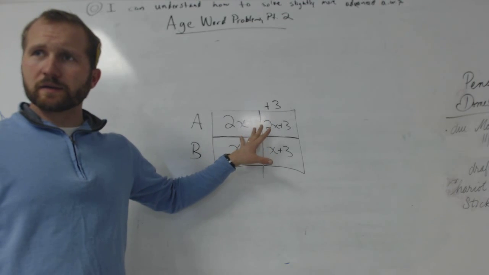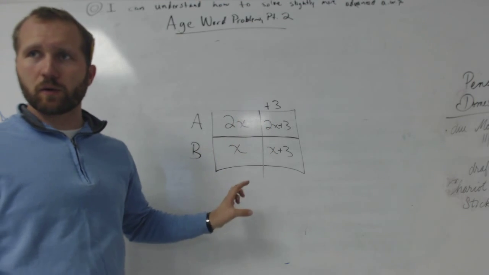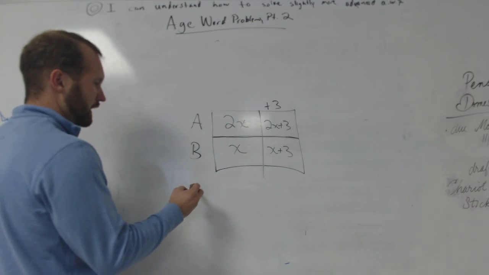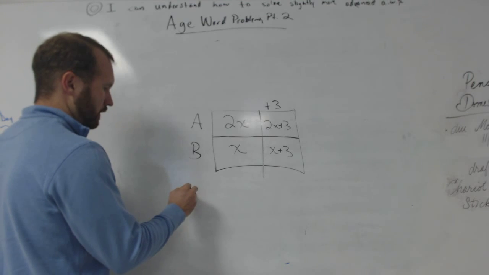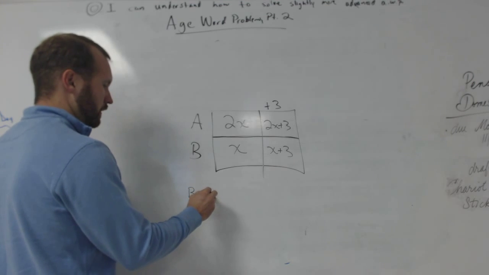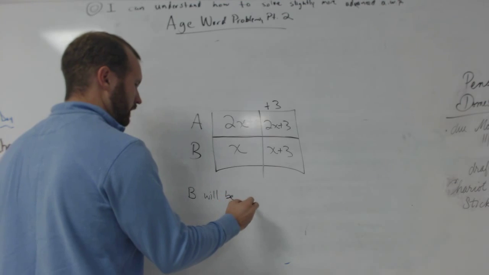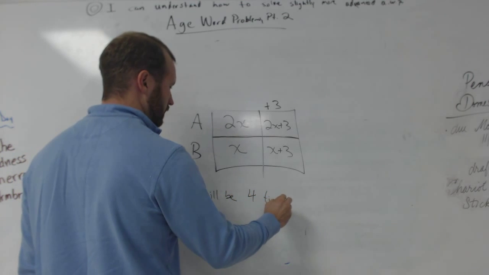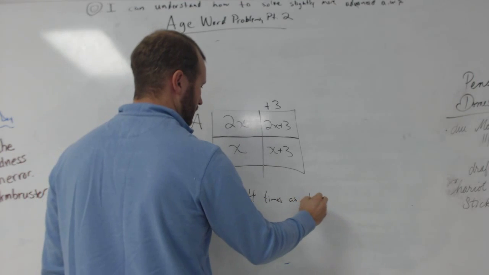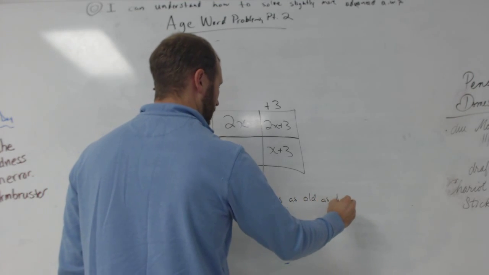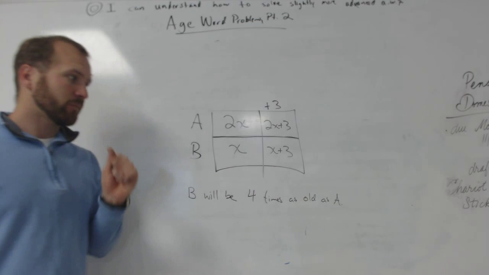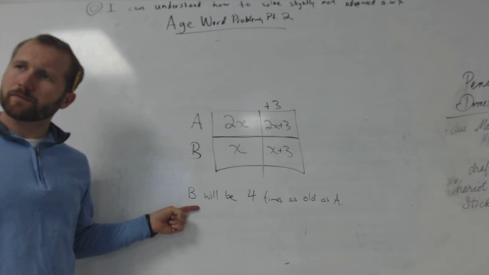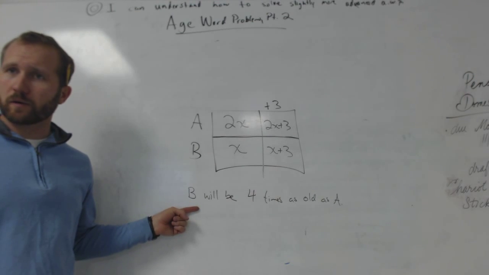All we're going to do right now is practice writing out equations. So let's say it said B will be 4 times as old as A. How would I write this as a mathematical equation?